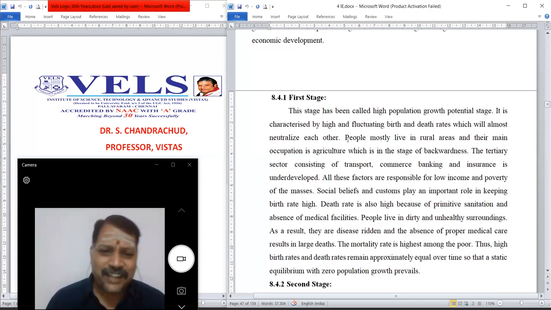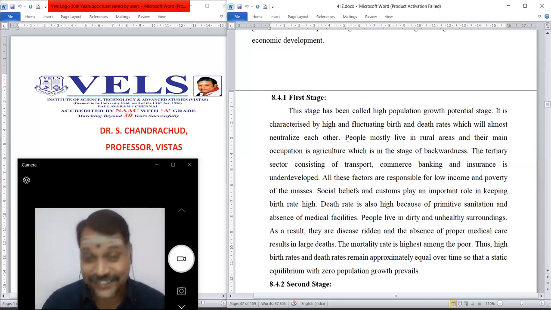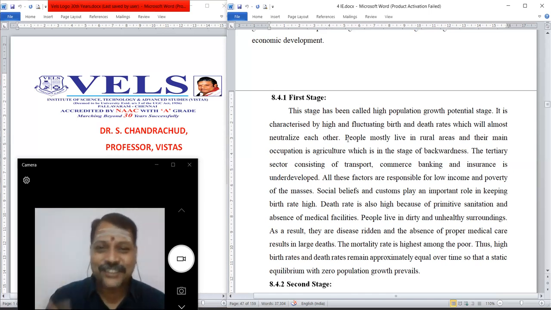The mortality rate is the highest among the poor. Thus, the high birth rate and death rate remain approximately equal over time, so that there is a static equilibrium with a zero population growth profile. In the first stage, the population is high in both birth rate and death rate, and they balance each other.